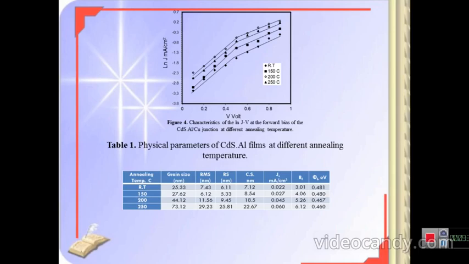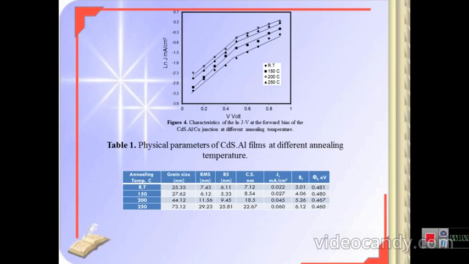Also, the current increases slightly with increasing annealing temperature because increasing the annealing temperature causes arrangement of the interface atoms and reduces the dangling bonds, which leads to improved junction characteristics. The barrier height values and the effect of annealing temperature on them are listed in Table 1.